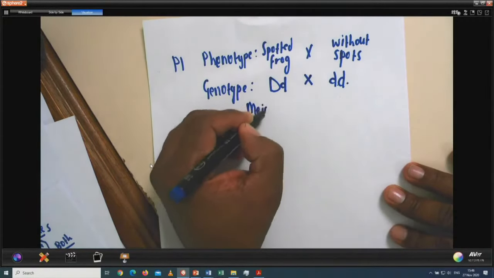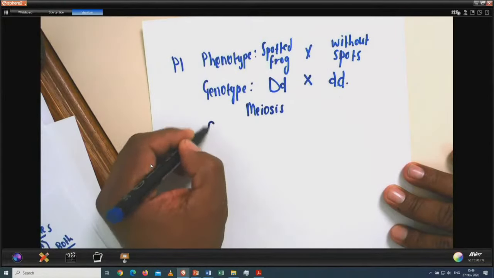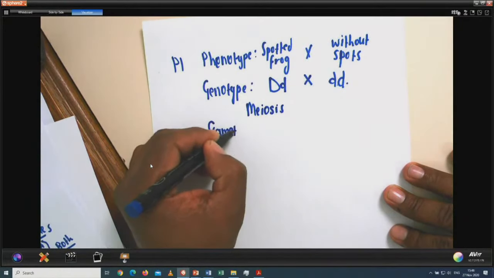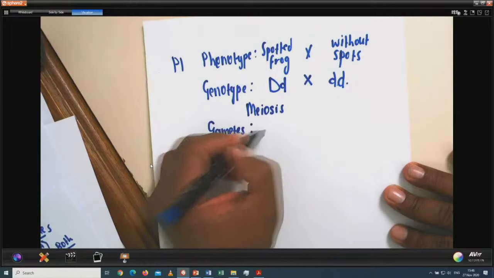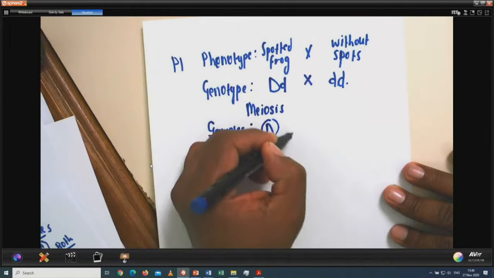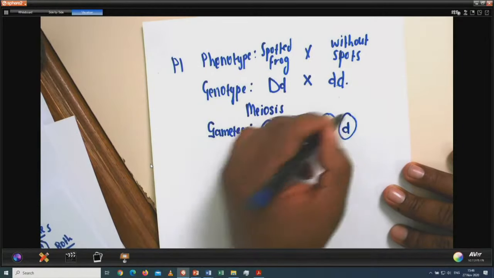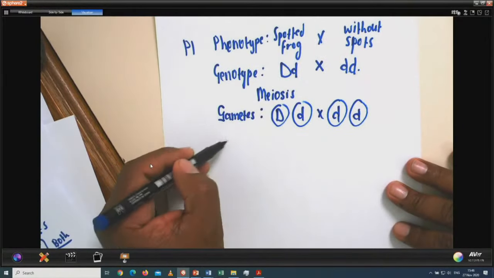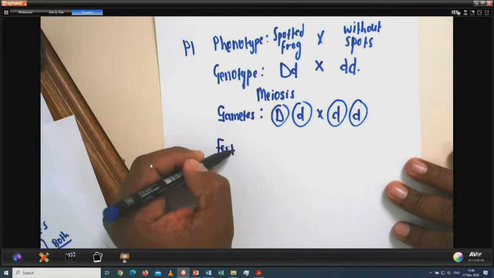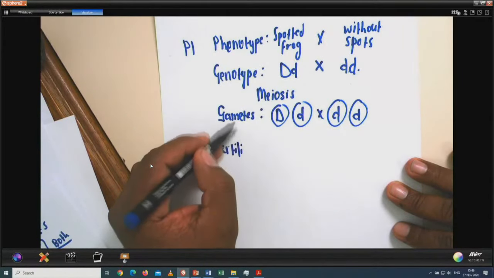Meiosis occurs, which forms gametes. And then gametes are used for fertilization when they fuse.